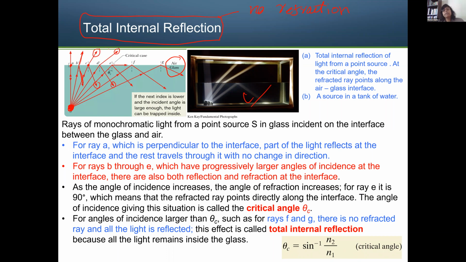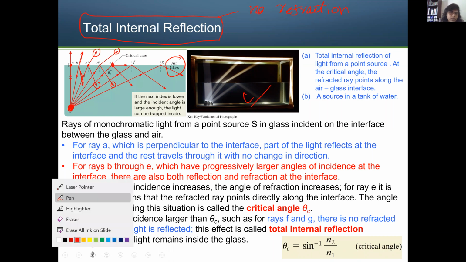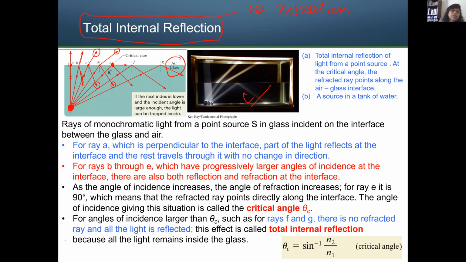Now I keep tilting my source to make different angles. When I do that, there is a very specific case that happens, somewhere here. As you increase the angle, at this particular angle you're going to see your refraction going exactly along the top of the media.